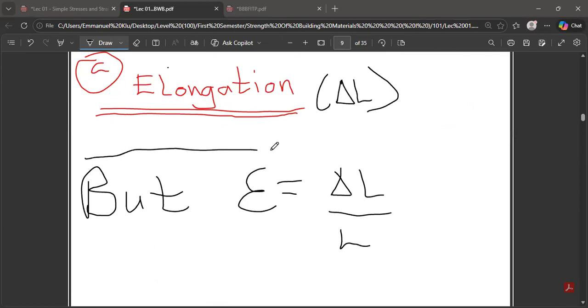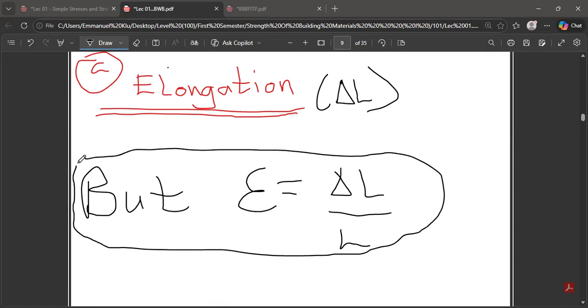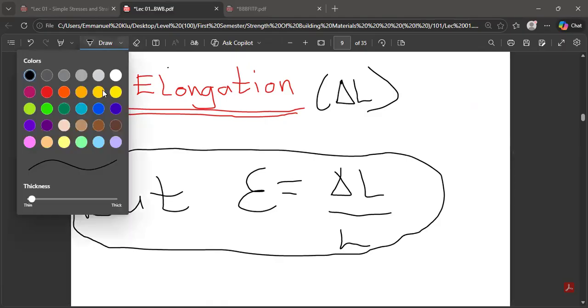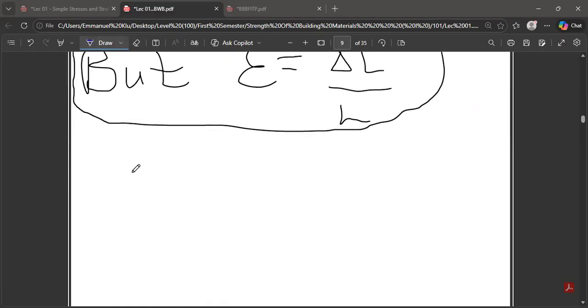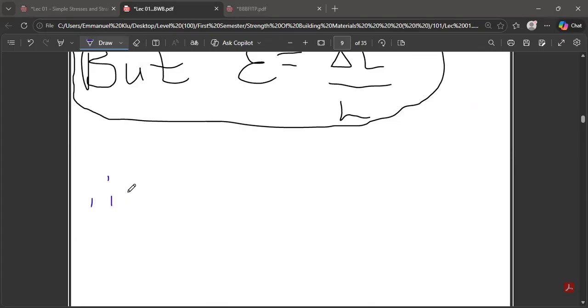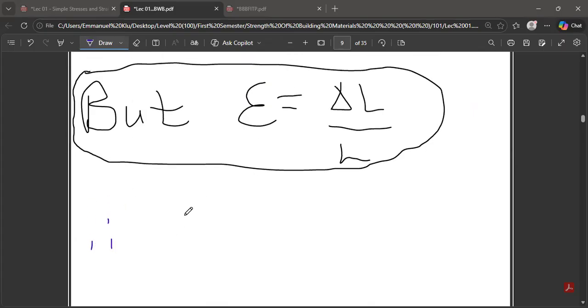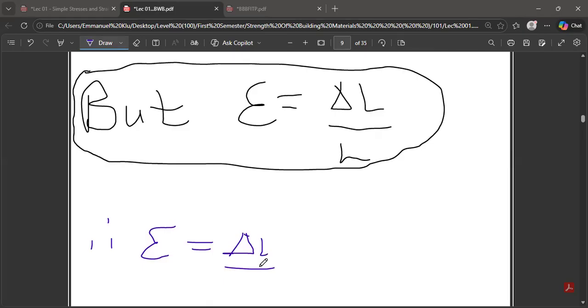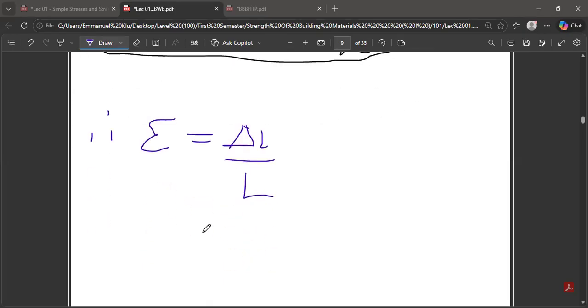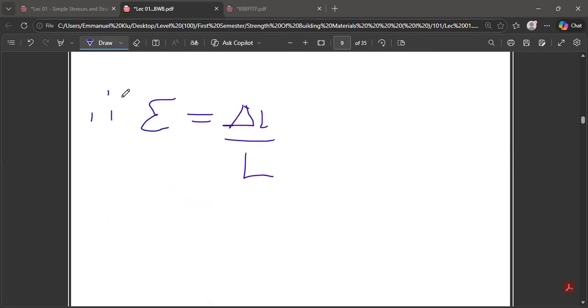So this is just like a general rule. Therefore we can now say that if E is equal to change in length over original length, then we can just do cross multiplication and then we get our change in length. So this is just like an asterisk.